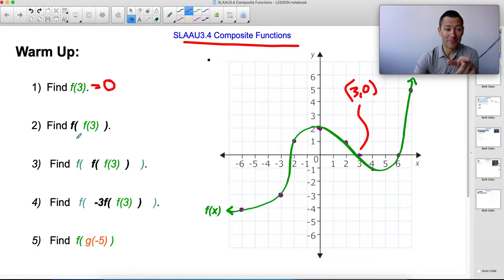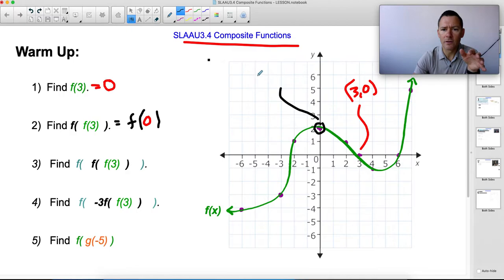Take that and run with it. I want to find f of f of 3. We know f of 3 is 0, so this is really finding f of 0. F of 0 is you go over to 0 and go up: that's the point (0, 2).